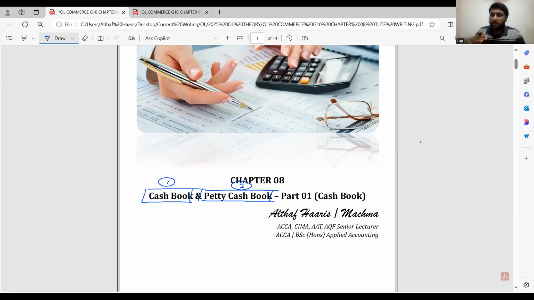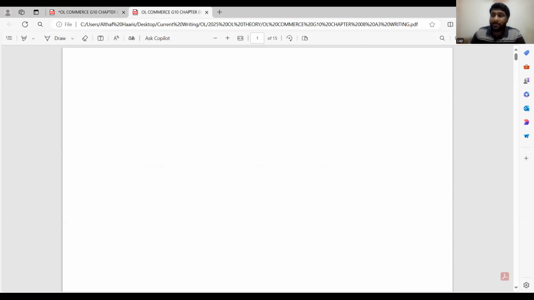In our previous chapter we learned that in the O-level syllabus there are 6 prime entry books. What are the 6 prime entry books? The cash book, the petty cash book, the bank book, the sales journal, the purchase journal, and the general journal.